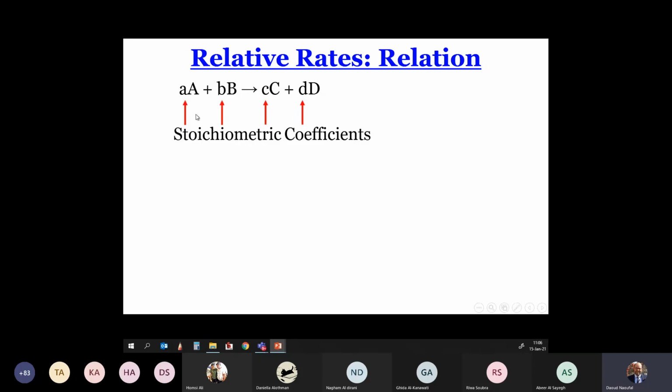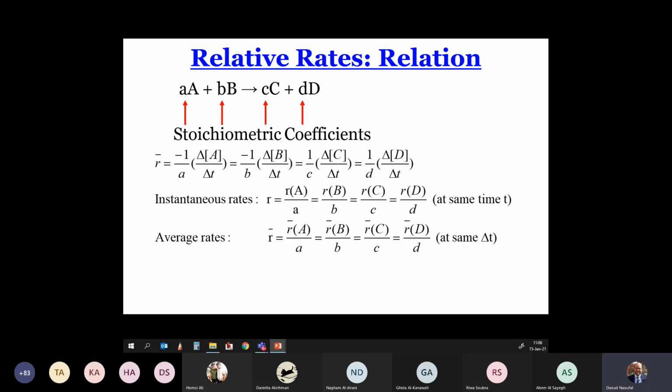In chemical kinetics, the stoichiometric coefficients a, b, c, and d are very important. The rate of the reaction is related to the rate of disappearance of reactants and the rate of formation of products according to the stoichiometry.